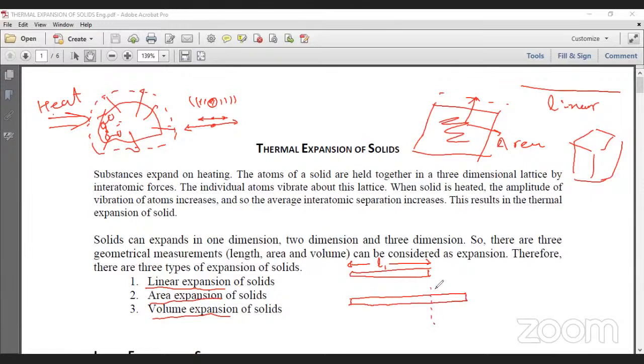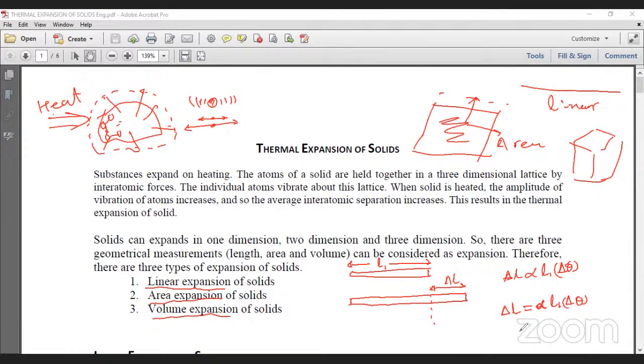This increase in length is called the expansion, delta L. Experimentally, delta L is proportional to its initial length and the change in temperature of the body. So delta L equals alpha, the proportionality constant, times L1 delta theta.